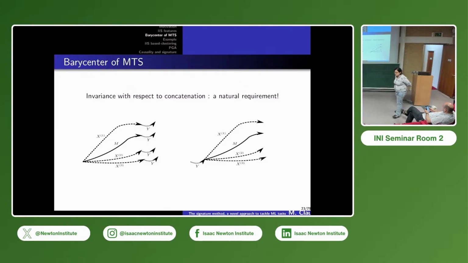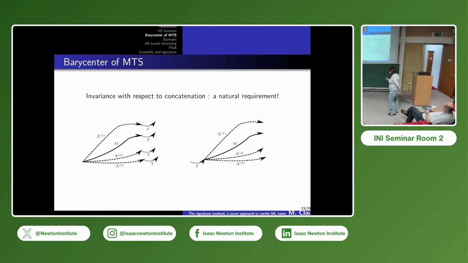Exactly. So the operations that you define, they are how they behave with respect to each other.